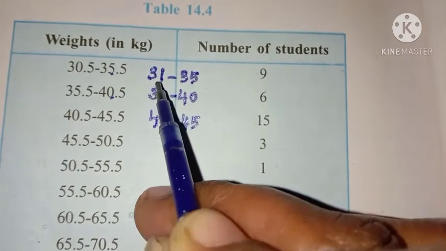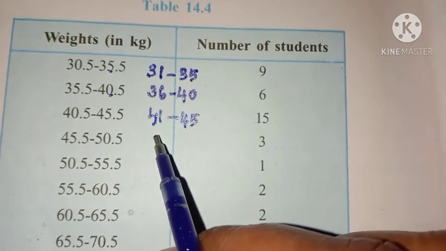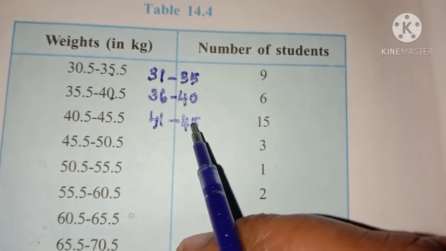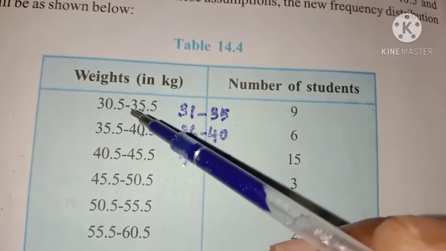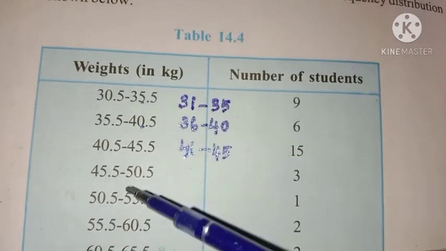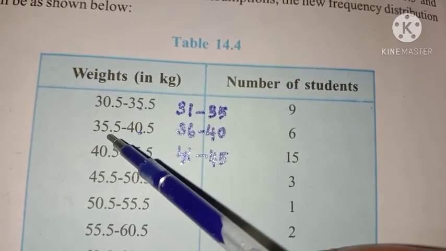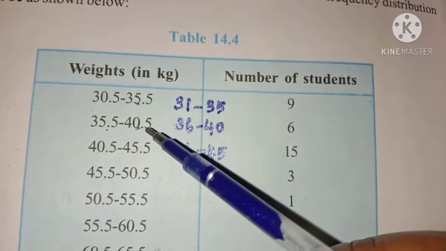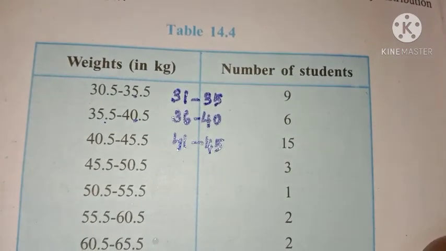So from each lower limit we subtract 0.5 and add 0.5 to the upper limit. We get the resultant class intervals as 30.5 to 35.5, 35.5 to 40.5, 40.5 to 45.5 and so on.